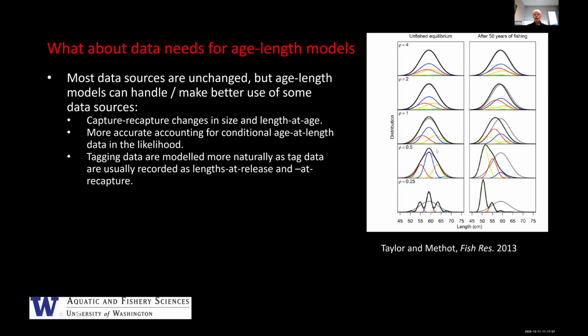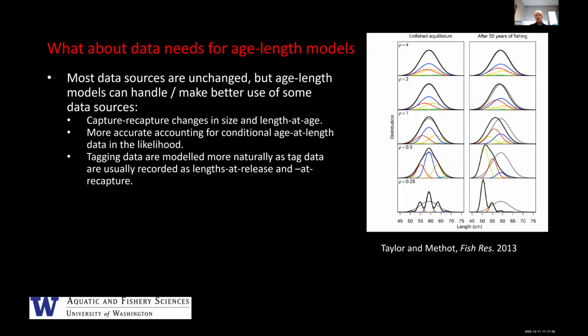So moving on to data structures, we do have the ability within age length models to deal with all the usual data types. In particular, we can deal with changes in length distributions and with tag data a little bit more naturally, simply because we have lengths as well as ages in the population dynamics model.